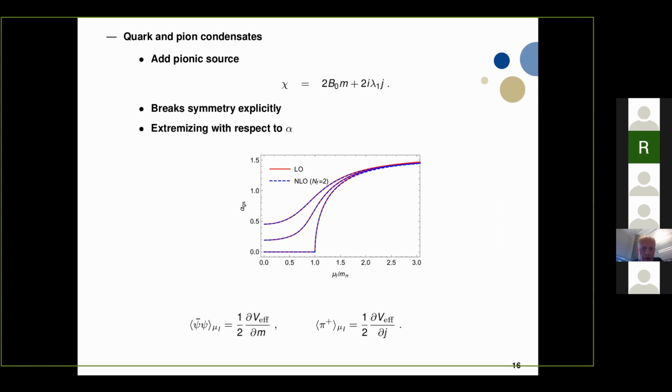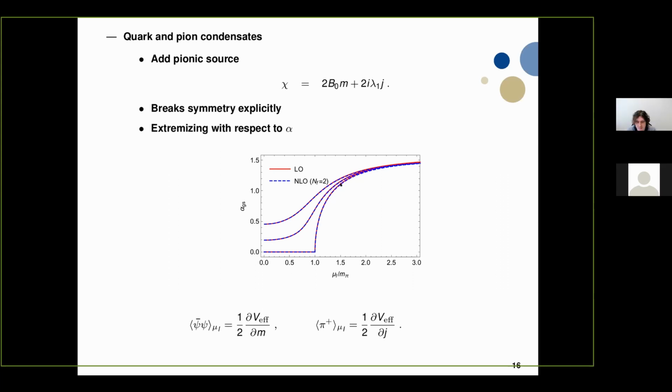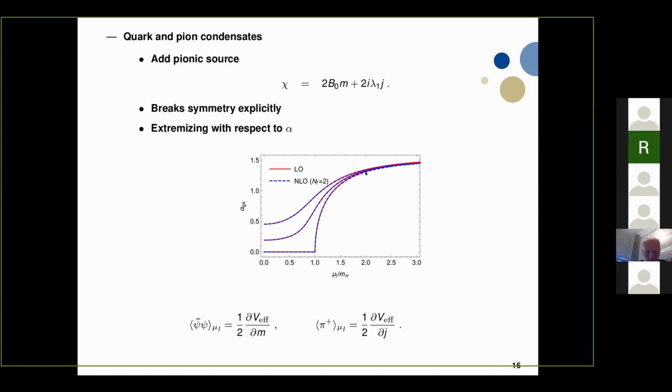The source, of course, breaks the symmetry explicitly, and therefore you do not have a strict phase transition, as you can see here. This is the curve for zero J, but you have smooth crossovers. And then you can look at the pion condensate and the quark condensate as well, as a function of the source.